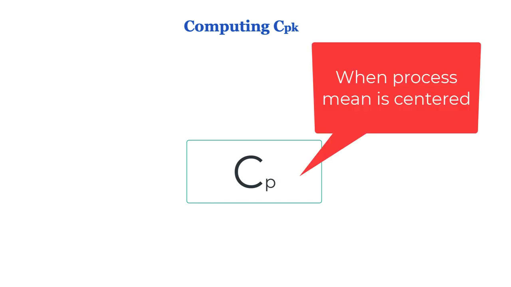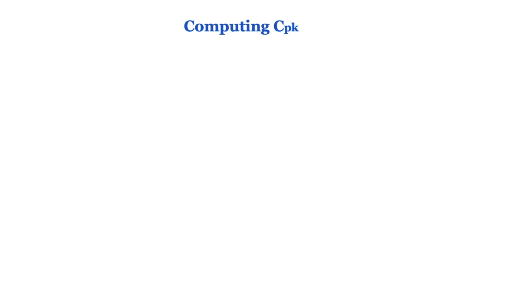You can start examining each plot to determine whether the process mean is centered within the specification limits. To calculate the process capability index, you should use CP when the process mean is centered between the specification limits. How do we compute CP?